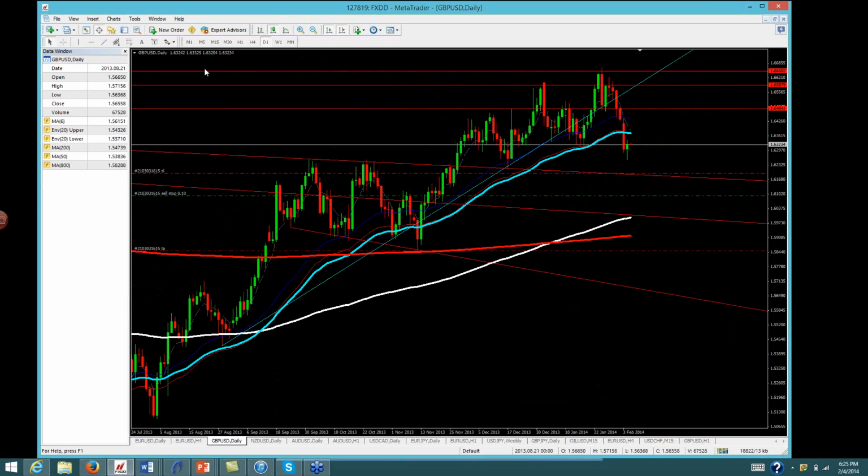All right, so our pound dollar also is giving us a buy signal, guys, and really what it is is a reversal candle. We've got a hammer here right below our 50 MA. This should be our 50 MA.